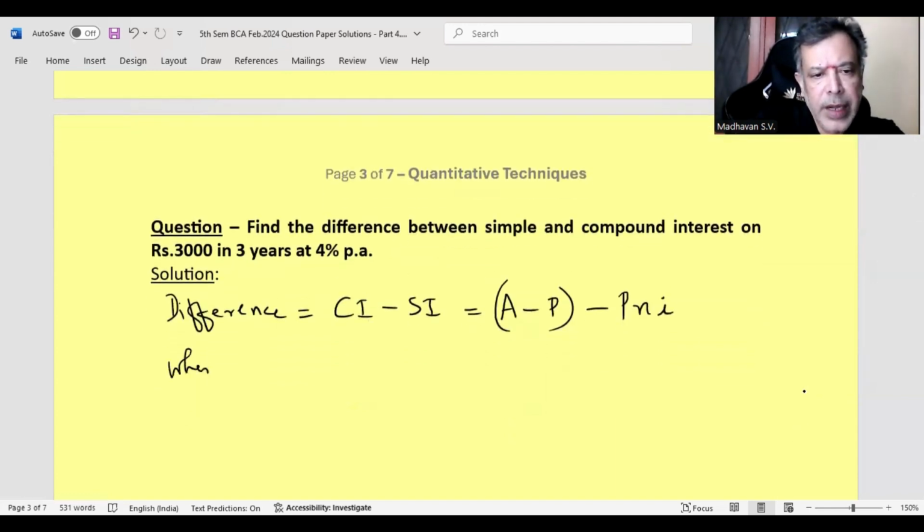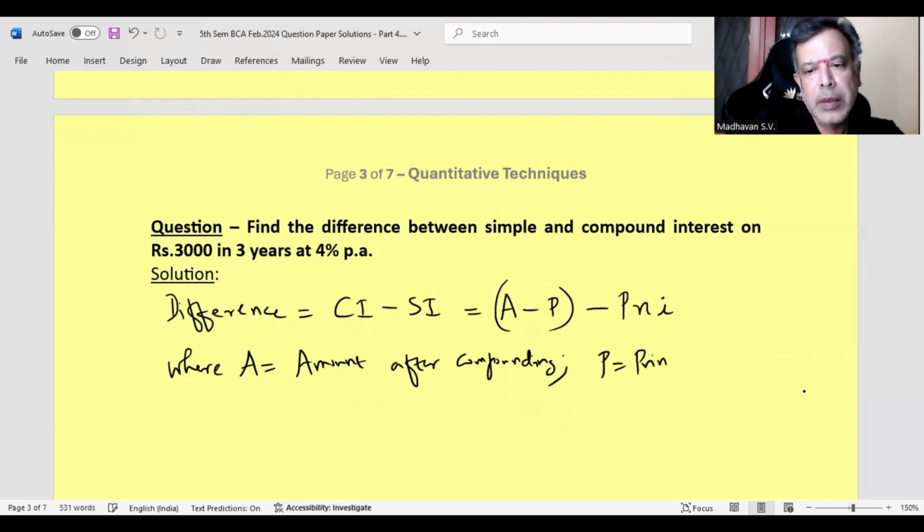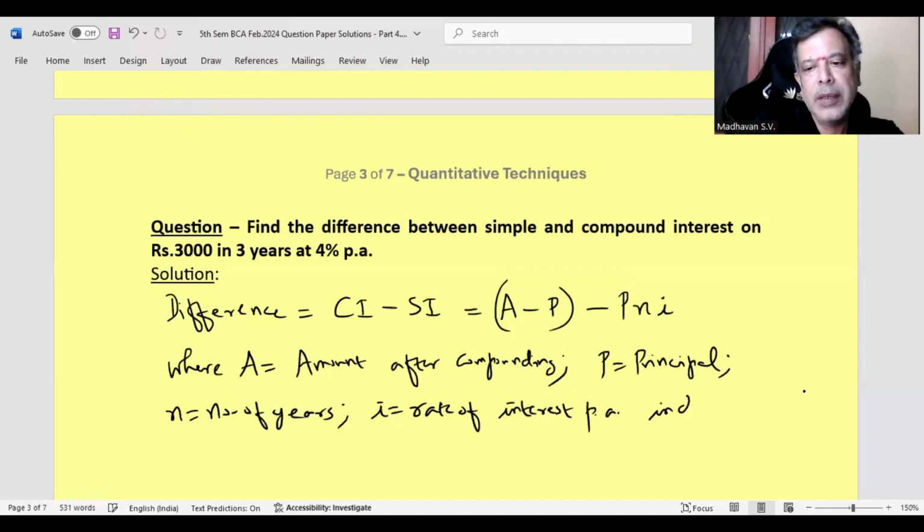Let me write it, where A is the amount after compounding, P is the principal, N is the number of years, and I is the rate of interest per annum in decimal.